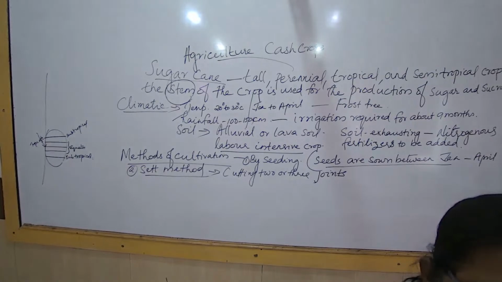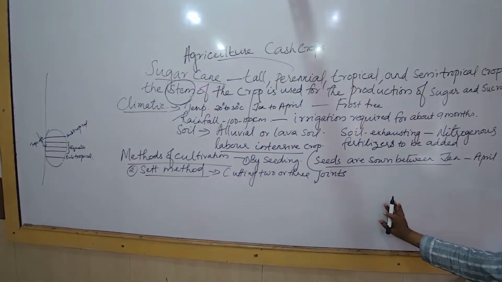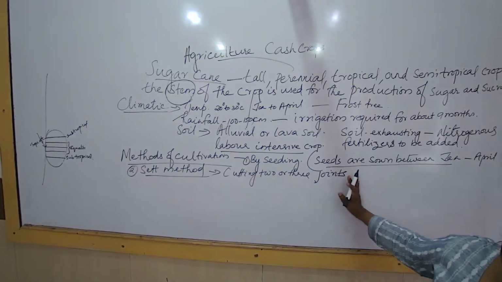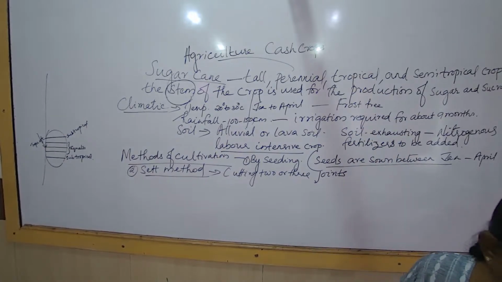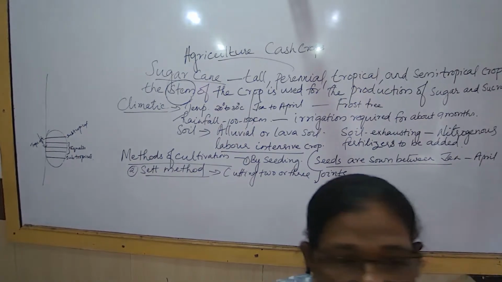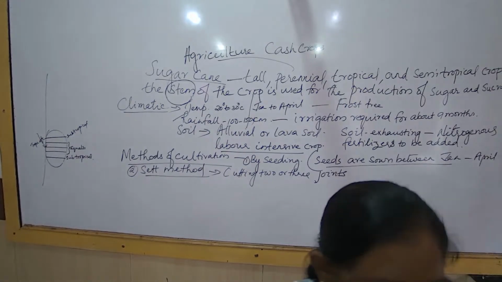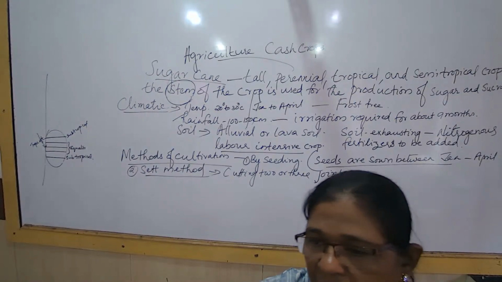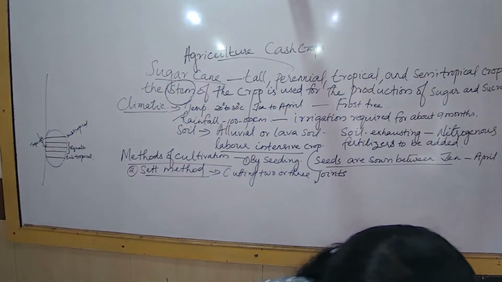So they have to cut 2 or 3 joints from the top part, then place it horizontally, not vertically. Equidistant means equal distance, 1.5 to 2 meters. Then make small holes, like furrows, and pile it with the fertilized soil.